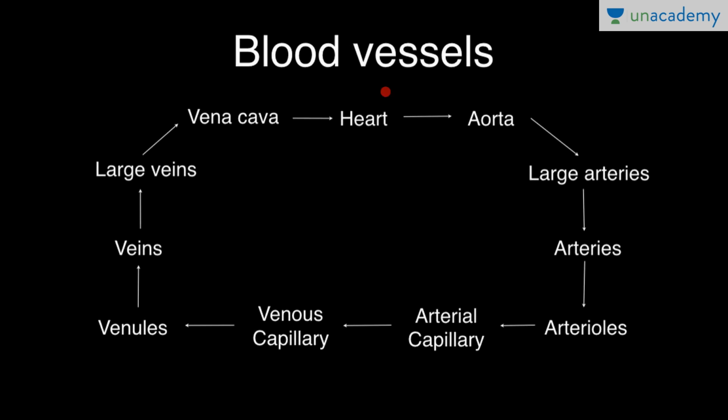Blood vessels. It is a network of blood vessels present in our circulatory system, and these blood vessels form an important part of our circulation. Starting from the heart, it pumps blood into the aorta, which is a large blood vessel, and it carries oxygenated blood or pure blood. Then the aorta passes its blood to large arteries, then arteries, then arterioles, and then arterial capillaries.